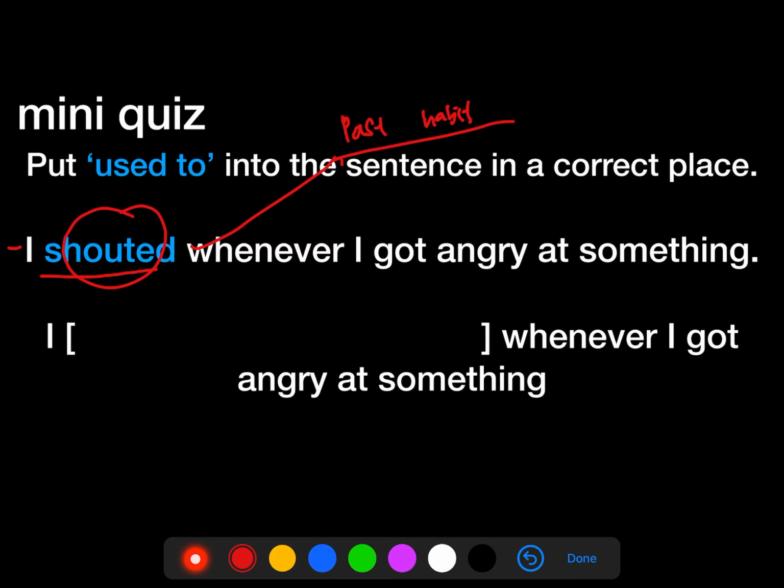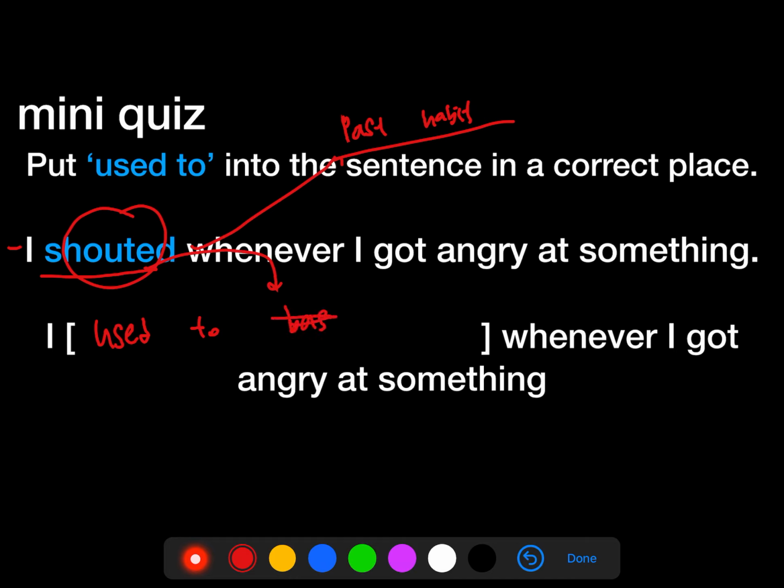So, I shouted whenever I got angry at something. Sounds like a habit. So, we need to make a sentence with used to. How can we do it? So, I used to, change it into infinitive. We need to change it into base form, right?